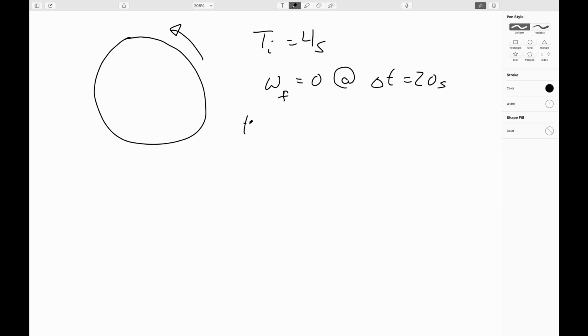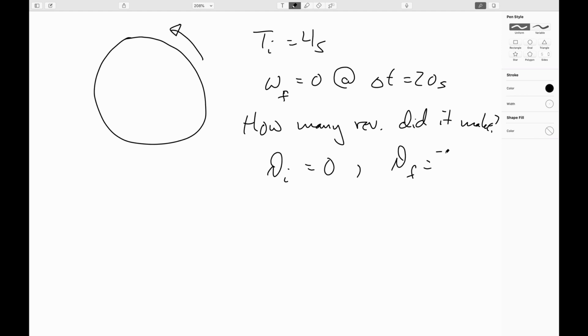What I'd like to know is how many revolutions did it make? So we can set the initial angular position to be 0, and this is tantamount to solving for theta final.